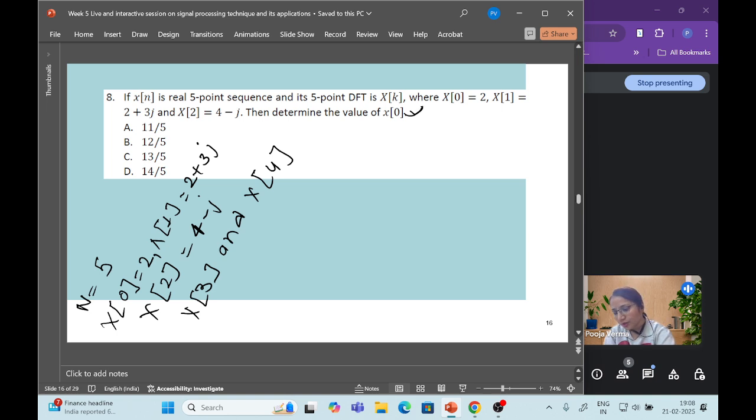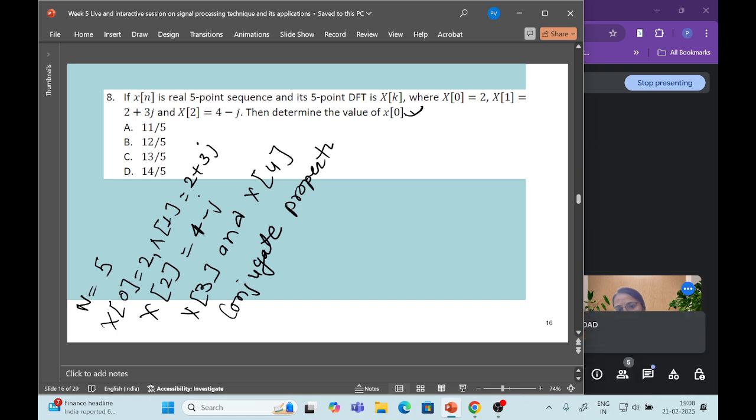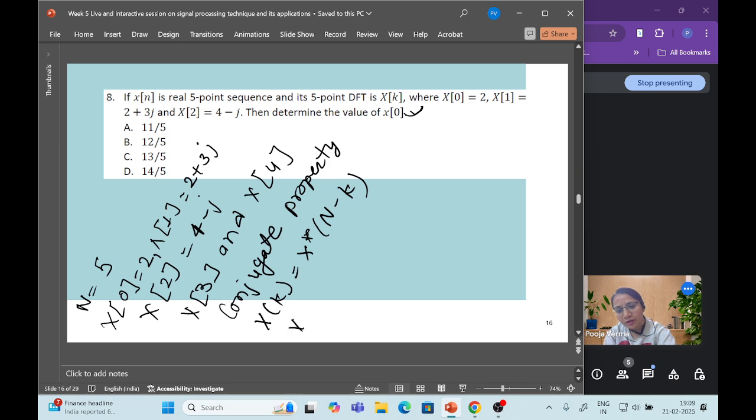So already we know the conjugate property, the conjugate symmetry and periodicity property: x of k is equal to x conjugate of n minus k, right? So x of 3 will be equal to x conjugate of 5 minus 3, which is x conjugate of 2.